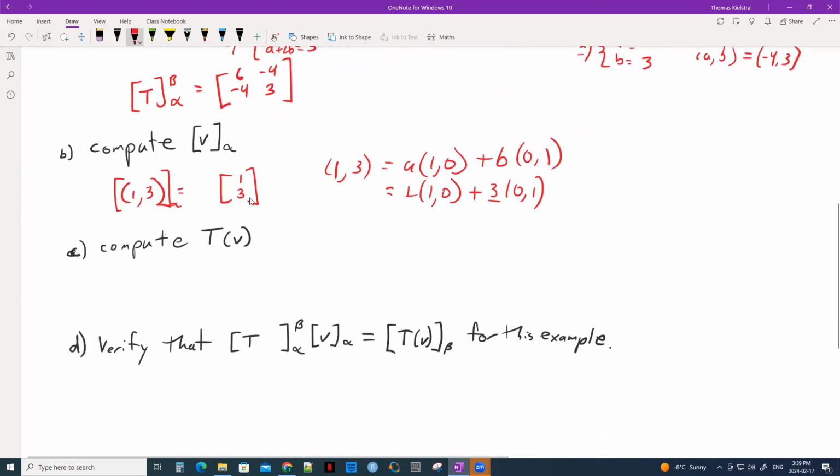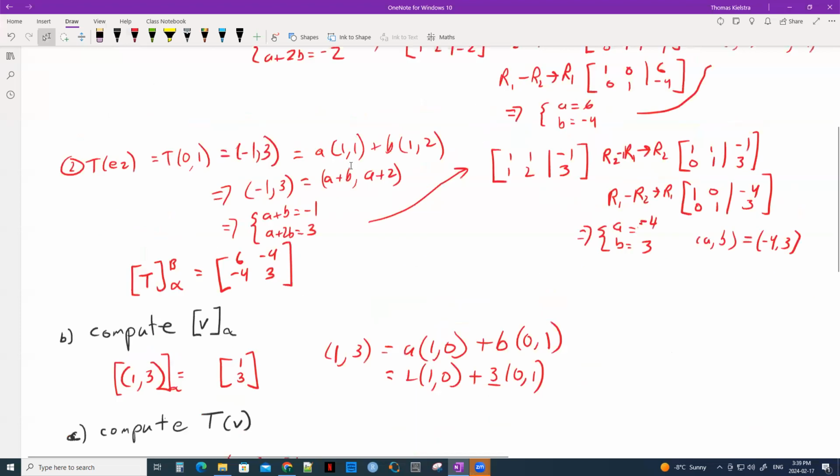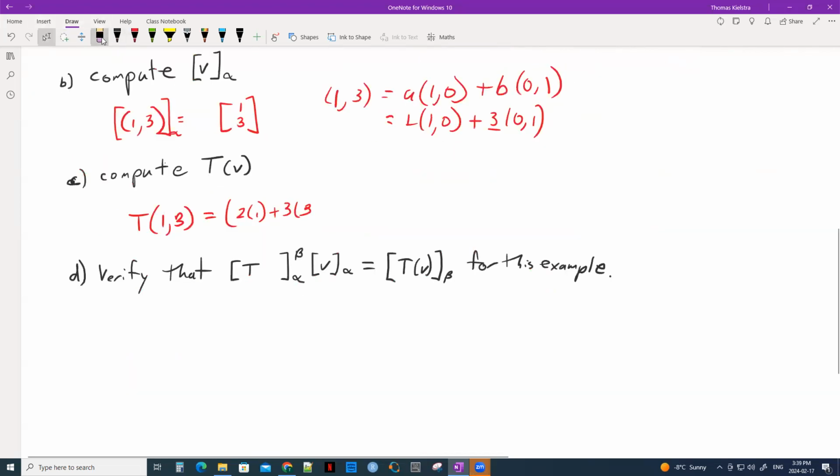Now we're asked to compute what T of V is. And it's the same computation we did in the last video. We have 2 times 1 plus 3 times... Oh, let's make sure I got the right expression. 2 times 1 minus 3, that's right.